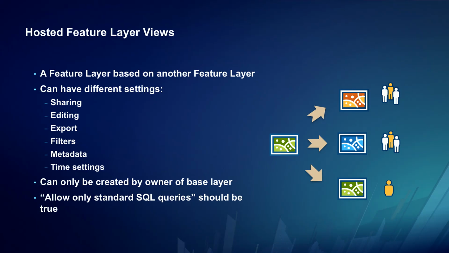If you do that, then there's the possibility that, with some of these views, people will be able to create filters that can get around the view. So we basically recommend not to switch that off if you're going to use feature layer views to disallow access to certain attributes and information through the view.